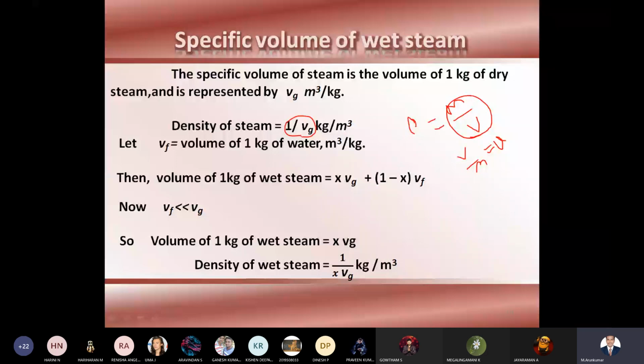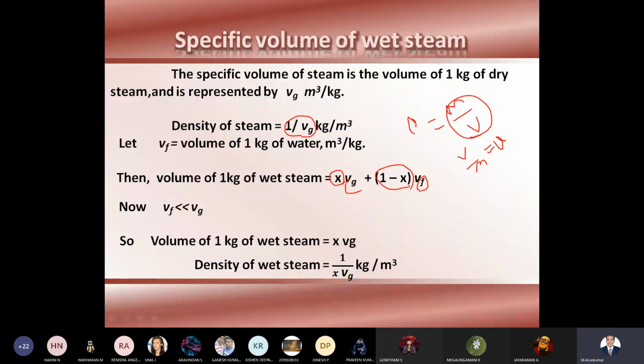Then Vf is the volume of 1 kg of water, that is the specific volume of the fluid, liquid water. Then the volume of 1 kg of wet steam can be calculated with this equation: x into Vg plus, for the liquid water, the wetness fraction into Vf.